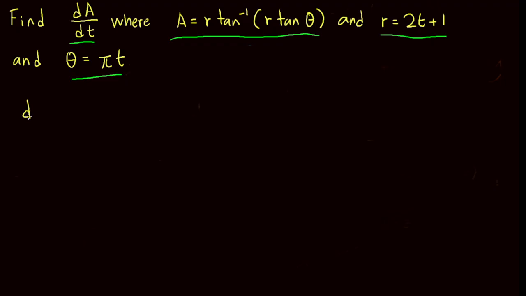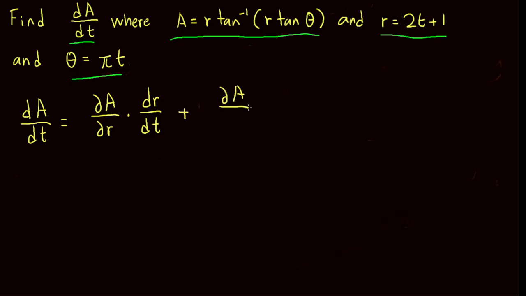First of all, do remember that dA over dt is equivalent to del A over del R multiplied by dR over dt. We're following the chain rule here, plus del A over del theta times d theta over dt.